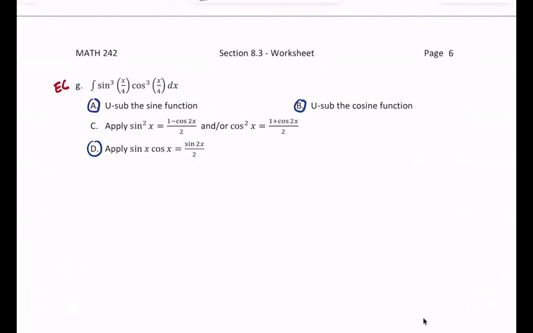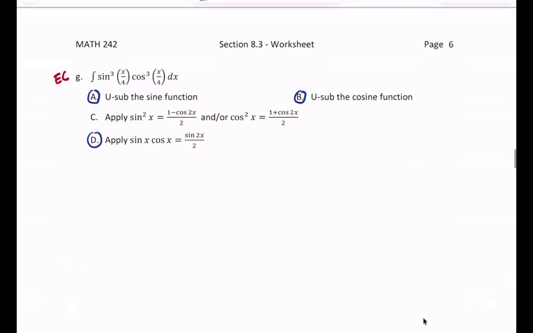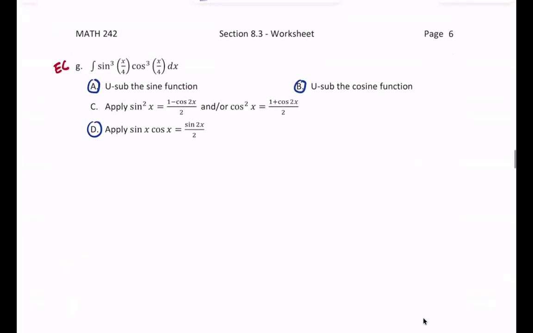For D, you just apply it and then just switch the value. Yeah, so let's do D first. So that is a choice to apply.